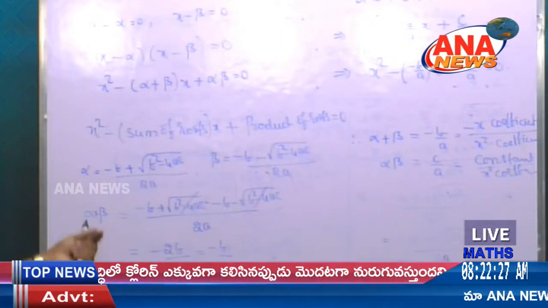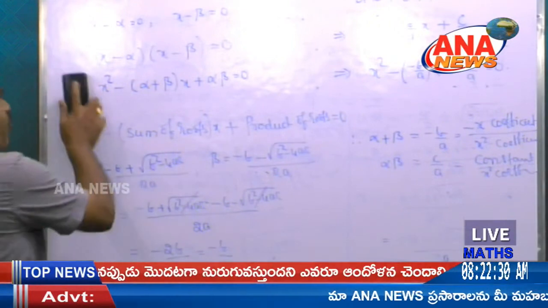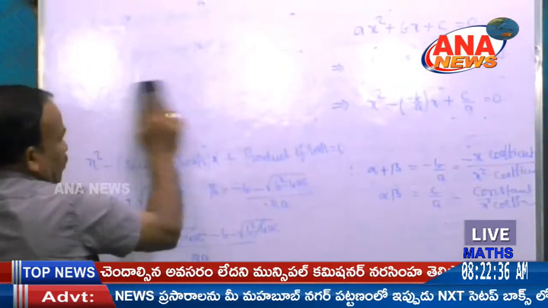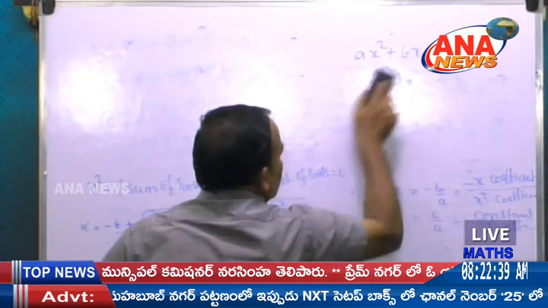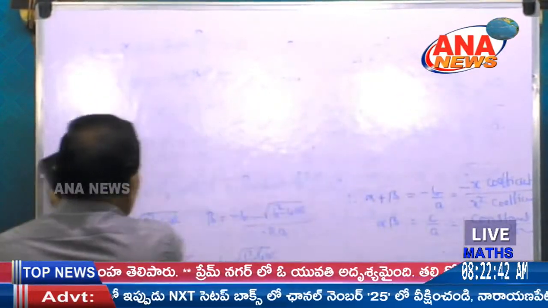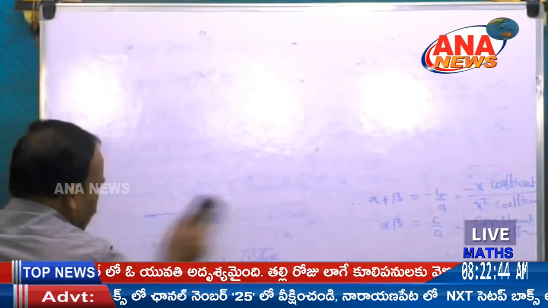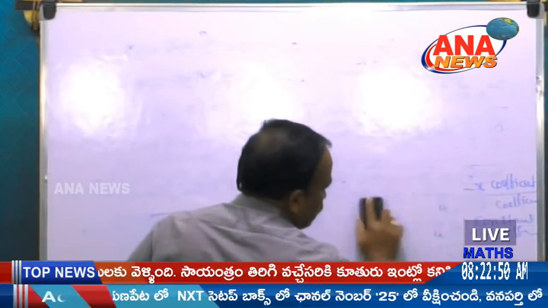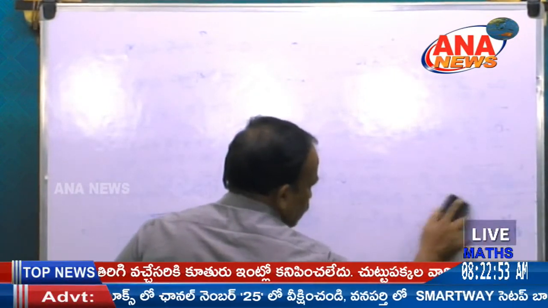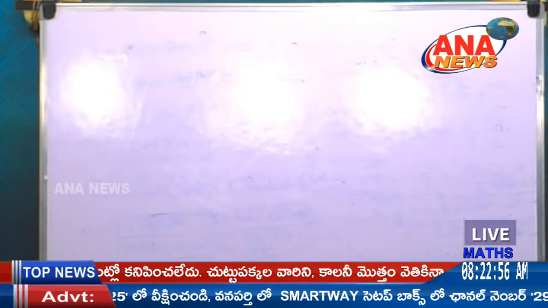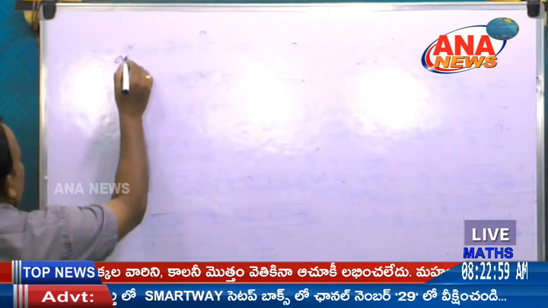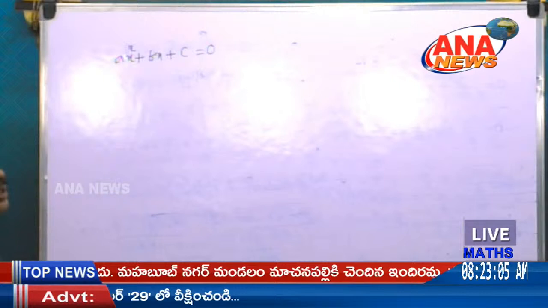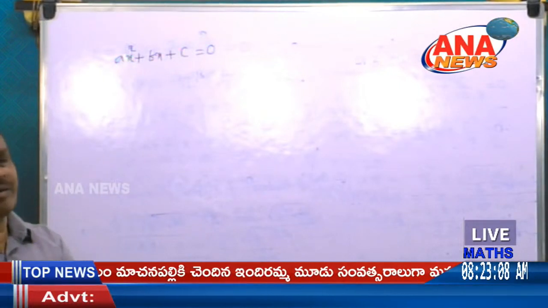Now, the nature of roots. The equation is ax square plus bx plus c is equal to 0, a second degree or quadratic equation.